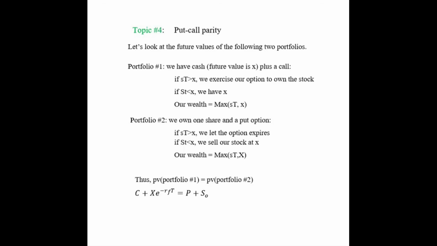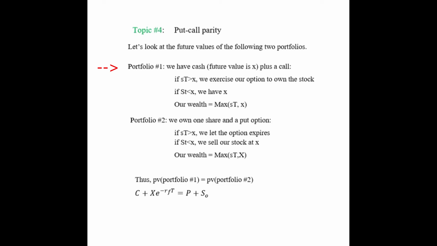Topic number 4 is about the put-call parity. It's the relationship between a put option and a call option on the same stock with the same maturity and exercise price. Let's look at the future value of the following two portfolios. Portfolio number 1, we have cash whose future value is X, equivalent to the exercise price, plus a call option.